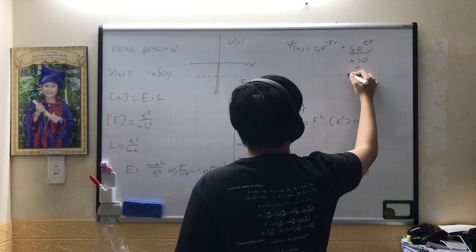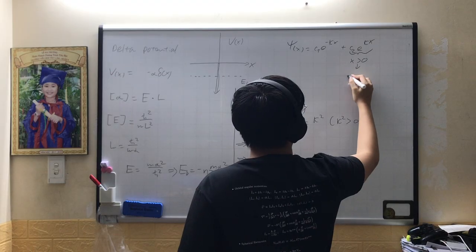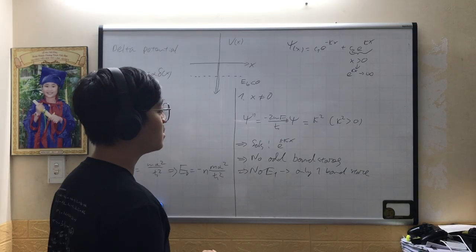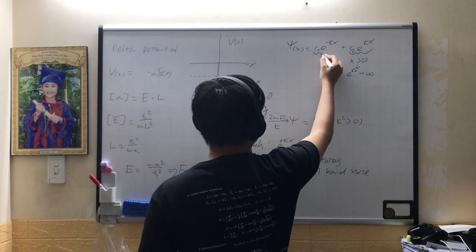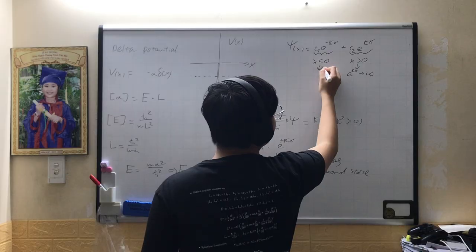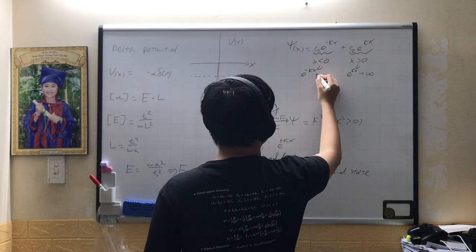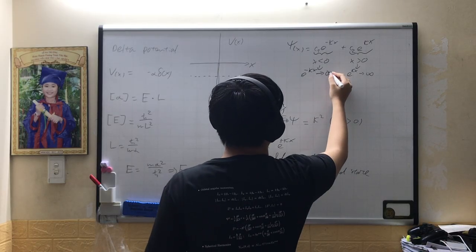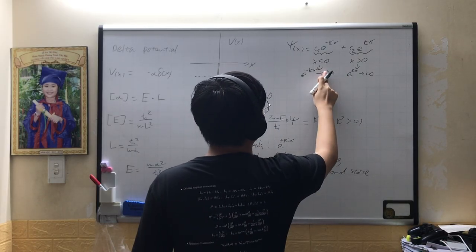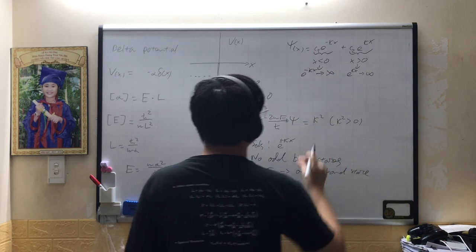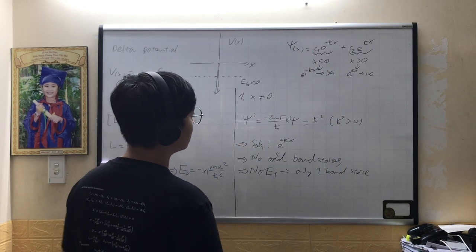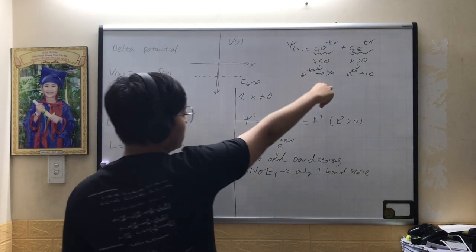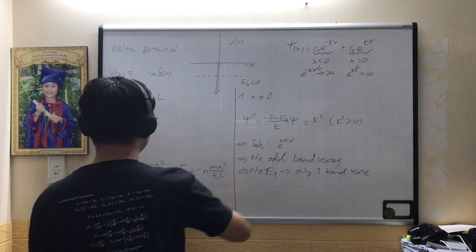And when you take x less than 0, this term would explode to infinity, or minus infinity. Okay, I don't remember that. You just have to know that when you take either this one to be less than 0 or that one to be greater than 0, they're gonna explode.